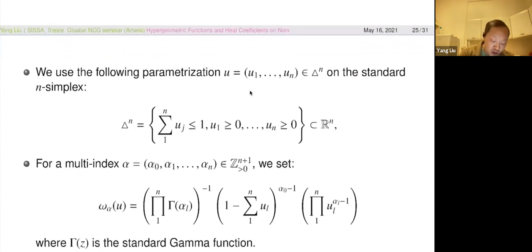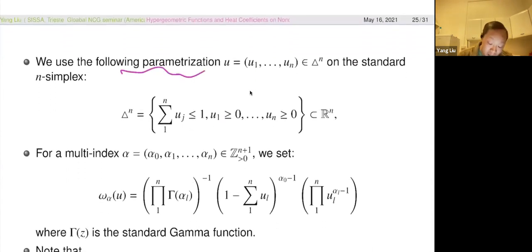If we choose the following parameterization for the standard simplex, then you can see these are the boundary equations for the faces of delta n. And basically you label these boundary equations by the corresponding power.